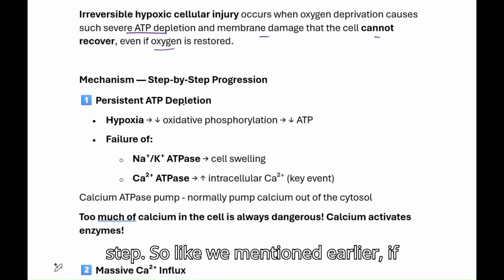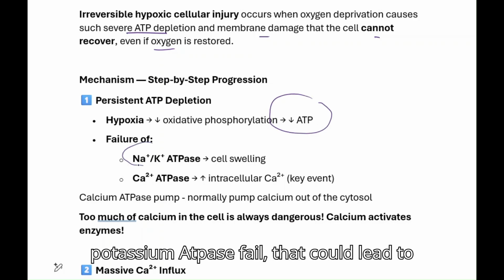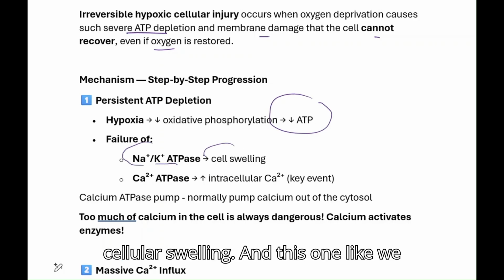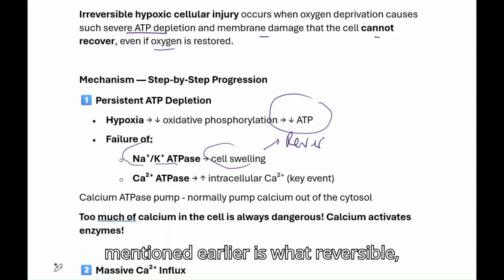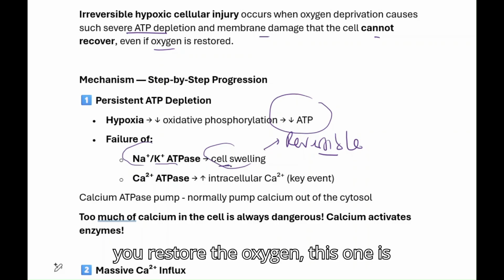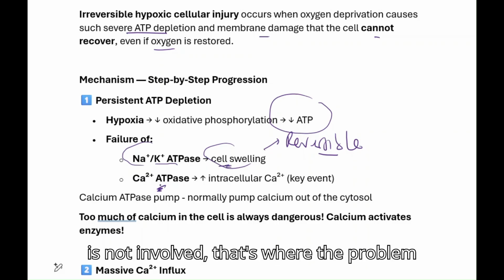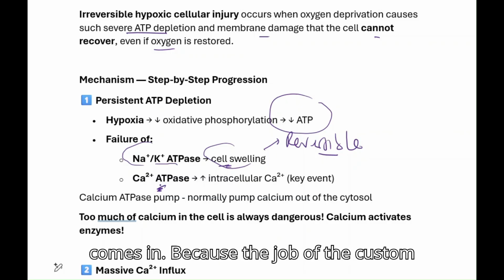Like we mentioned earlier, if there's hypoxia, there's decreased ATP production. And then like we mentioned, the sodium potassium ATPase fails, and that will lead to cellular swelling. And this one, like we mentioned earlier, is reversible, right? So if you do something on time, if you restore the oxygen, this one is reversible. But now, if the calcium ATPase is involved, that's where the problem comes in.